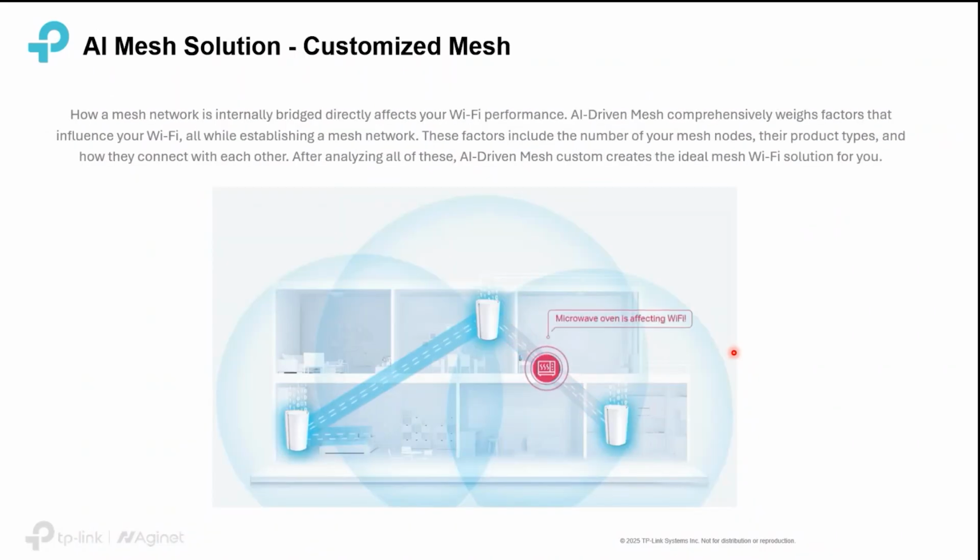And then when it comes down to actually monitoring the mesh itself and ensuring that the mesh stays stable, when a mesh sets up, it comes up with a configuration. It knows its paths to get from one point to the other and how to get back to the internet. But of course, environments change. And potentially, as we can see on this graphic here, we've got a microwave being turned on and run.